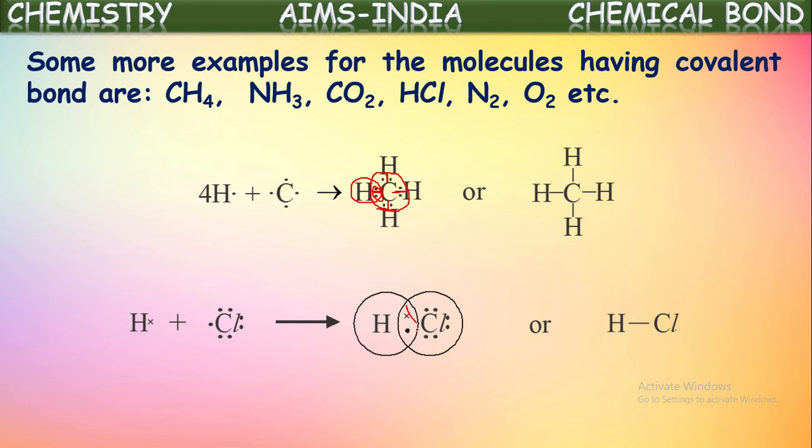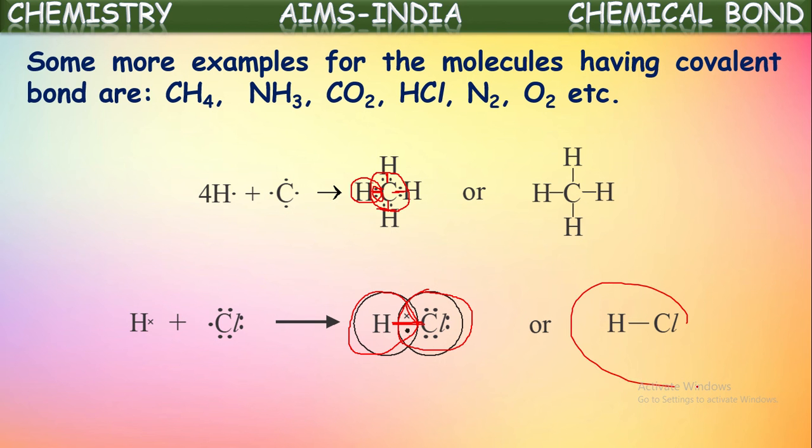See here, hydrogen, by sharing this mutual pairing of electrons, is getting 2 electrons. At the same time, chlorine already has 7 electrons. One more new electron is shared here by the hydrogen, so that it is getting an octet configuration. Thus, between these two, by sharing of this pair of electrons, one covalent bond is formed.